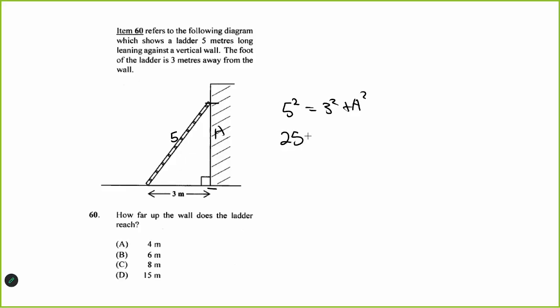That's 25 is equal to 9 plus h squared. So 25 minus 9 is equal to h squared. That's 16 is equal to h squared. So h is equal to the square root of 16, which is 4. So h is 4, and that would be your answer for this one.